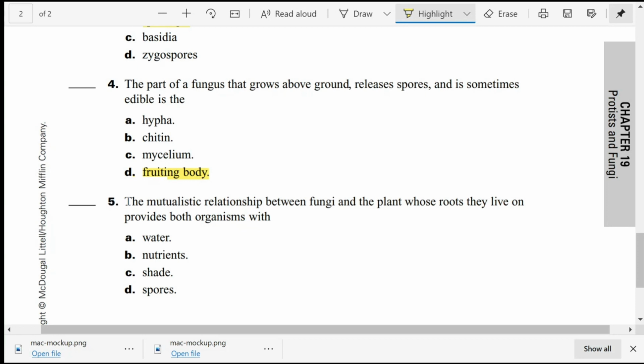Question number 5. The mutualistic relationship between fungi and the plant whose roots they live on provides both organisms with what? A, water; B, nutrients; C, shade; D, spores. Try to think about the answer, and I will give you a couple of seconds to think about it.